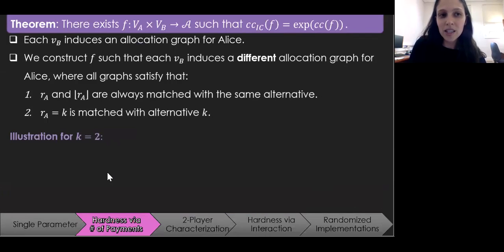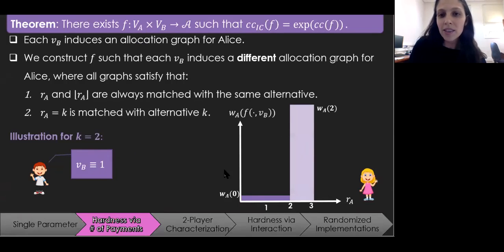So let's see a small illustration for k equals 2. If Bob's value is just the all ones vector, then this is the allocation graph for Alice. It means that if she bids between 0 and 2, she gets alternative 0, and if she bids between 2 and 3, she gets alternative 2.